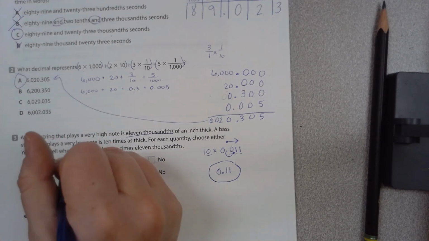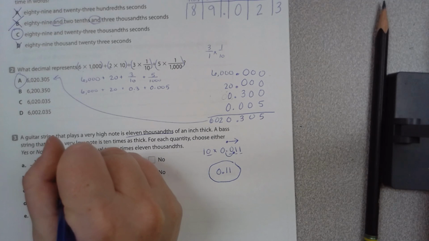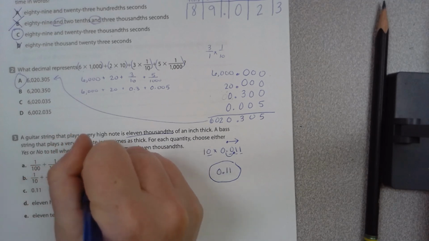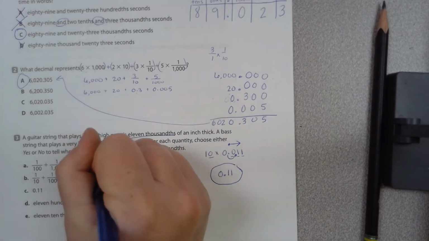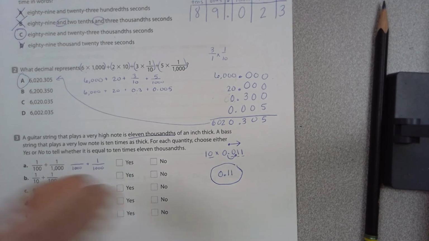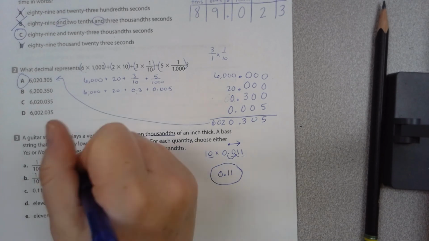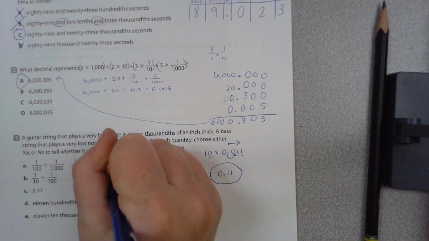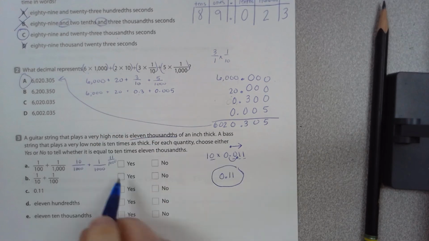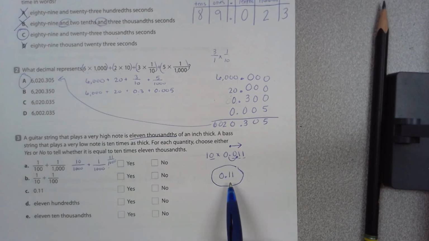So what I have to do is change both denominators to 1,000. Okay, this one stays the same. So I multiplied 100 times 10 and got 1,000. So I'd also multiply this. So that's just basically 10 plus 1 is 11 over 1,000. Does that equal that? No.